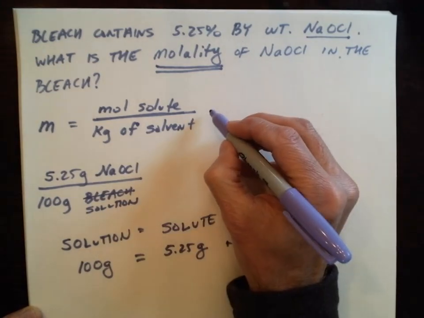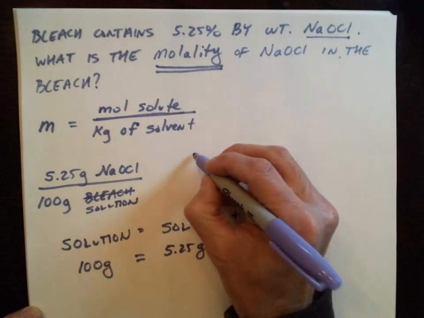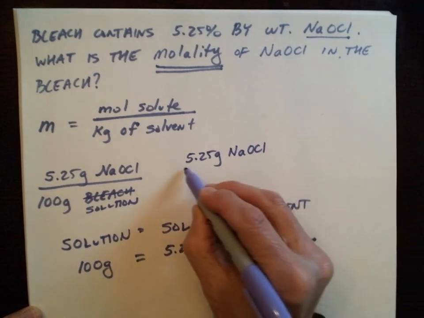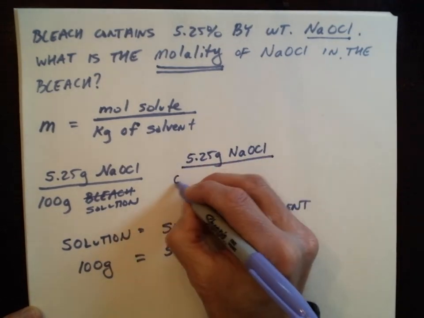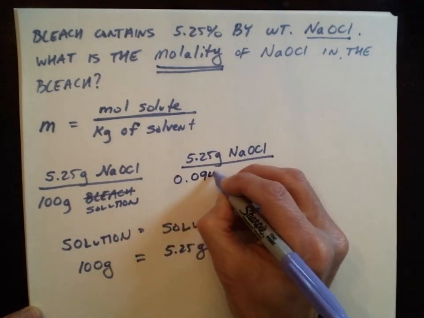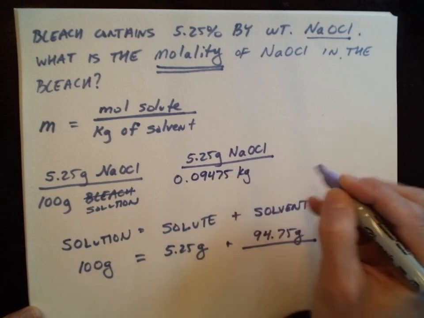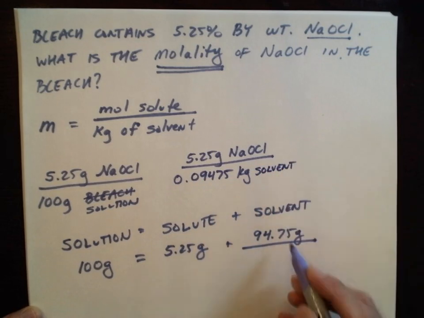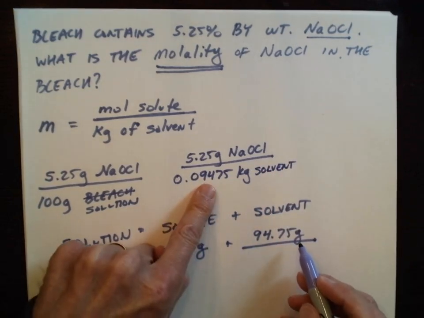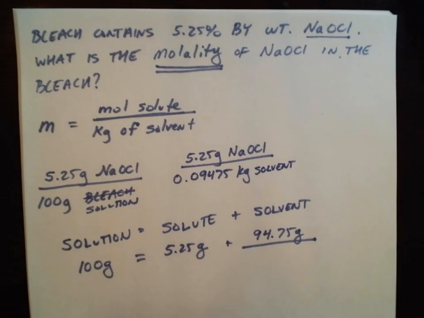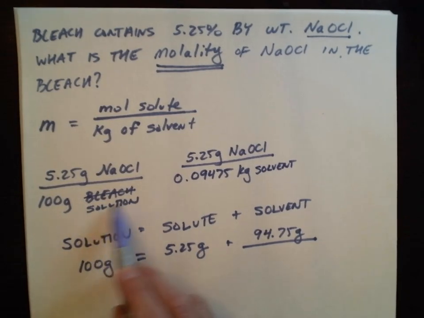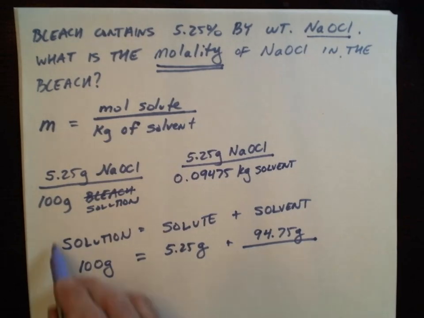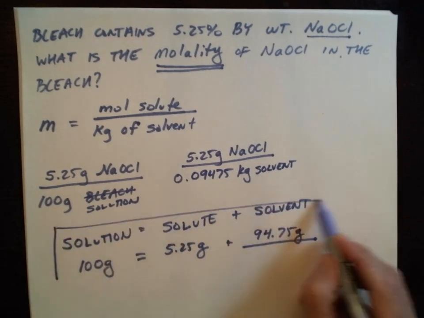So we can write then that we have 5.25 grams of sodium hypochlorite for every 0.09475 kilograms of water, which is our solvent. Notice what I did here. I converted grams to kilograms. That's the trick that's going to help you get from solution mass to solvent mass when dealing with molality problems. This equation here.